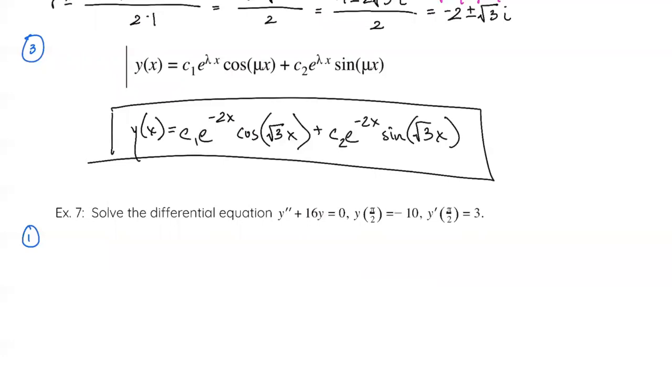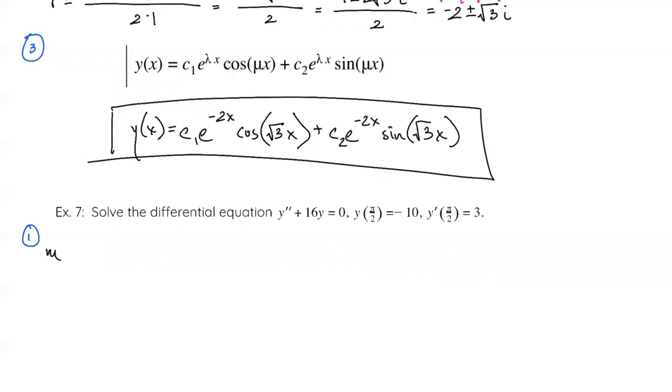All right, so we write our characteristic equation. I'm going to use an m this time, just so you can see what you like better. m squared plus 16 equals 0. Now, this is a mistake that I've seen students make before. How come it's not m squared plus 16m? Because it's y and not y prime. Exactly, because it's y and not y prime.